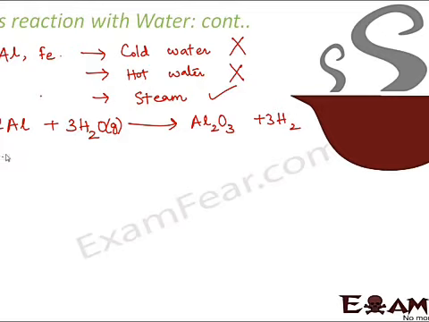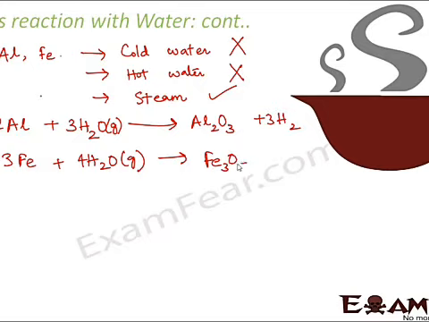Similarly, iron reacts with steam, which is in gaseous form, to form iron oxide, that is ferric oxide, and hydrogen gas is released. So this is how metals like aluminium and iron react with water. That's one way of reacting with water.